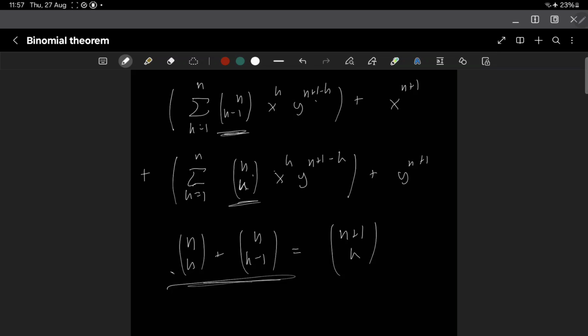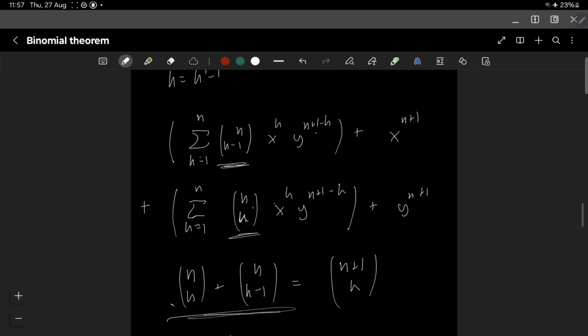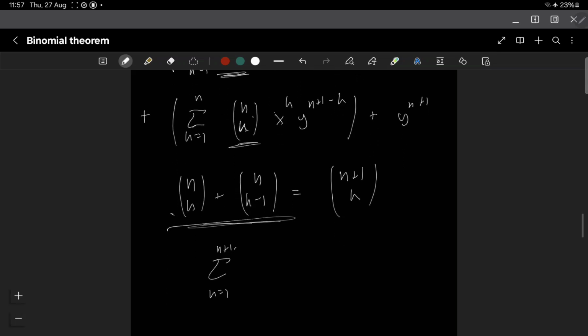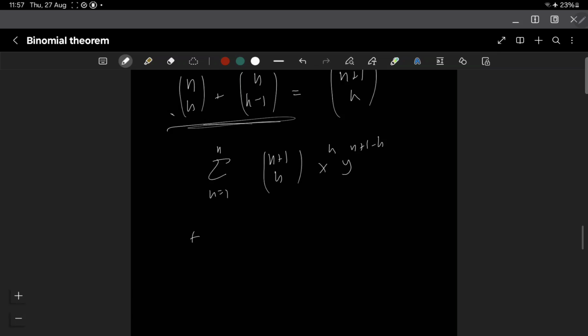So this is equal to the sum as k goes from 1 to n, sorry, k goes from 1 to n, of n plus 1 over k, x to the k, y to the n plus 1 minus k, right? And then I have plus x to the n plus 1 and plus y to the n plus 1, okay?